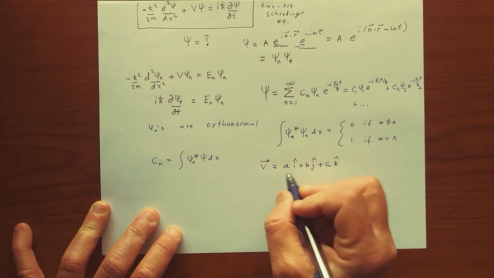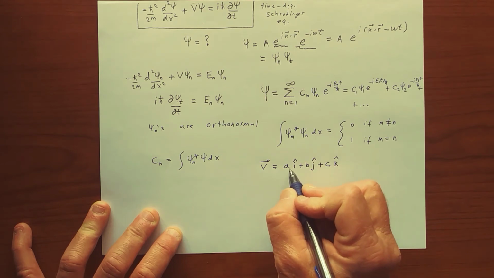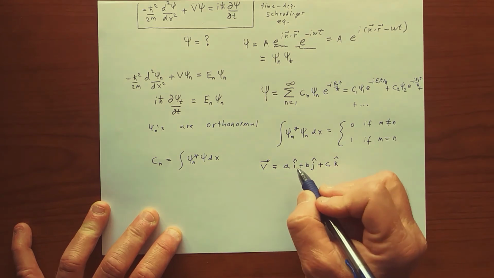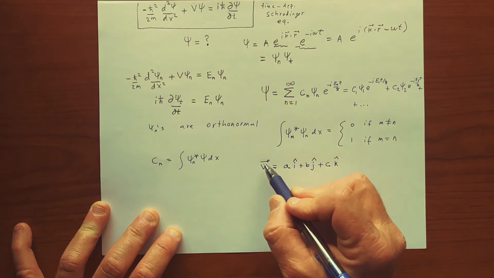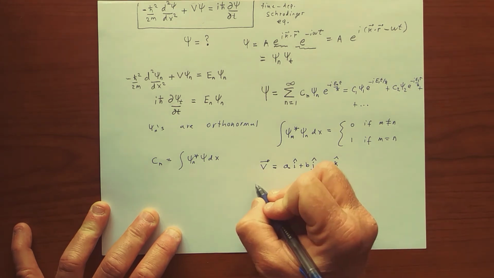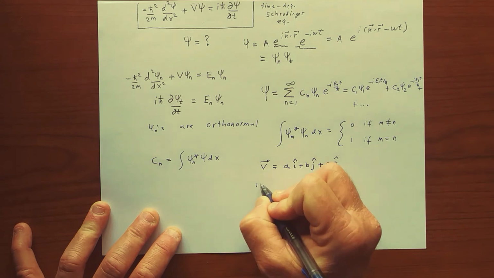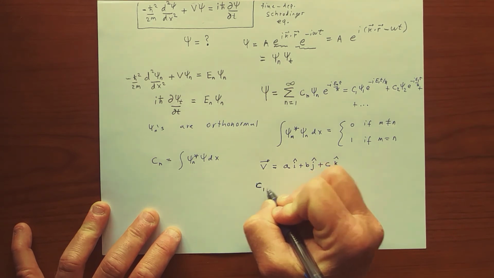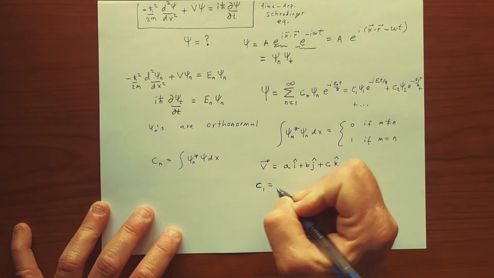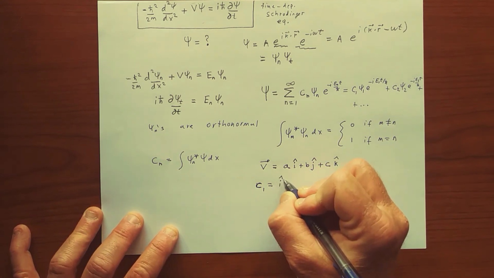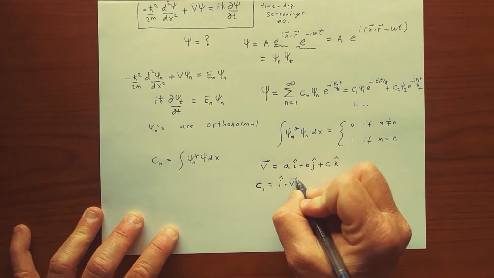And we can say, well, how do we get the various coefficients? Well, to get a, we need to do a dot product between the full vector and i hat. So I would say the coefficient C1, which is, of course, a, is equal to i dot the full vector.